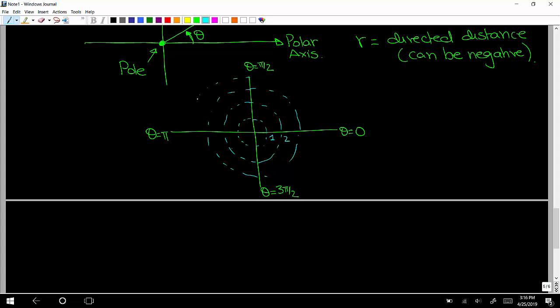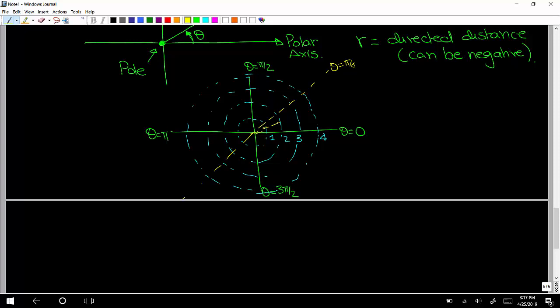And then it also has certain common angles drawn out for us. So this one exactly in the middle is theta is pi over 4.